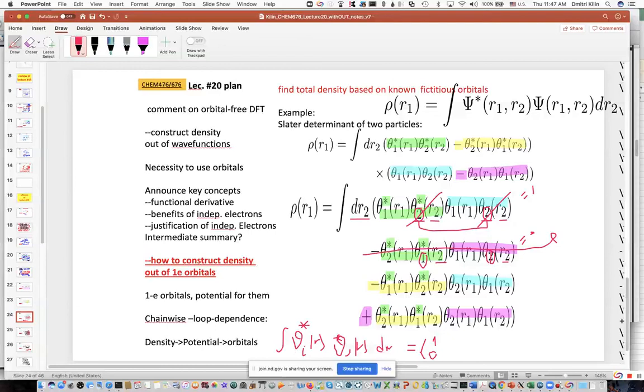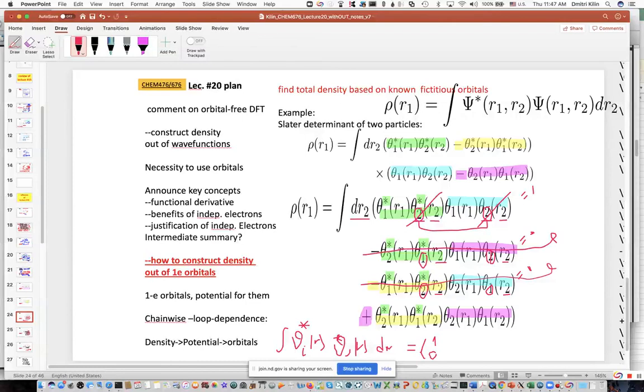Now let's look at the third term. Here is R2, here is R2, and the indices are different. So due to orthogonality, it will be 0. So this term will be removed as well.